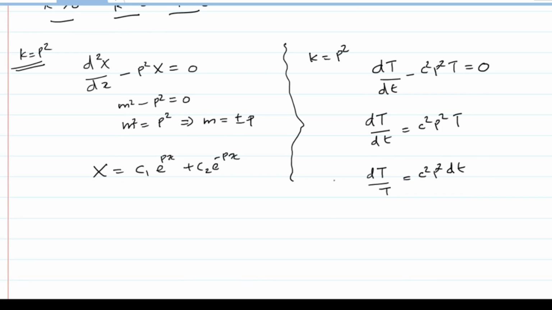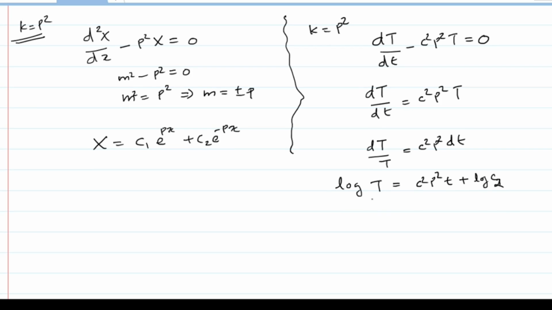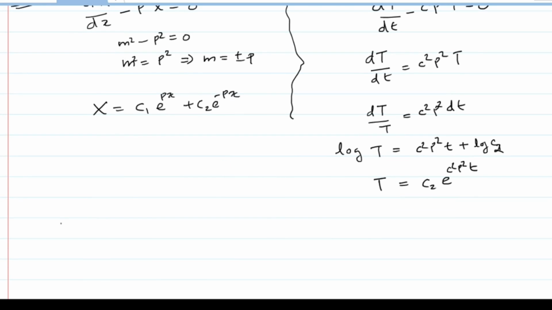Upon integrating, we get log T is equal to c square p square t plus some constant, log c2. Upon taking the exponential, we get T is equal to c2 e raised to c square p square t.